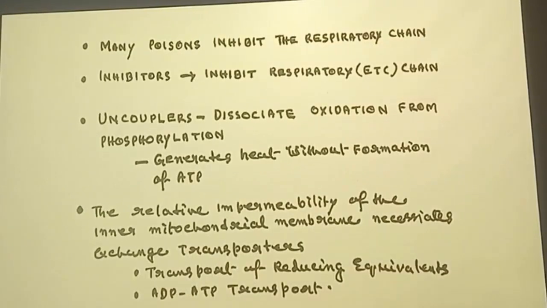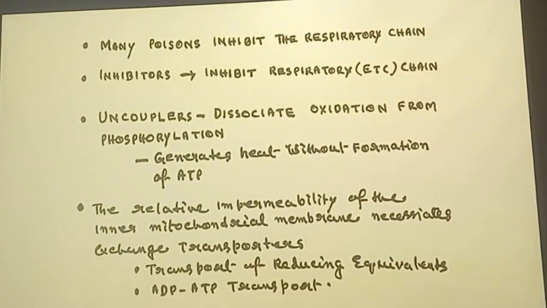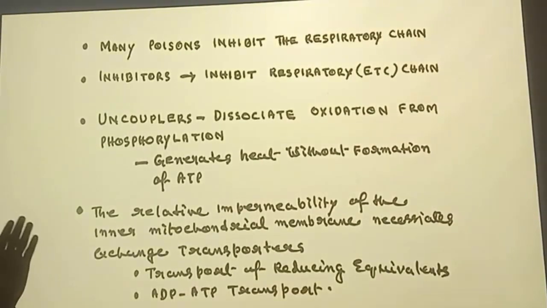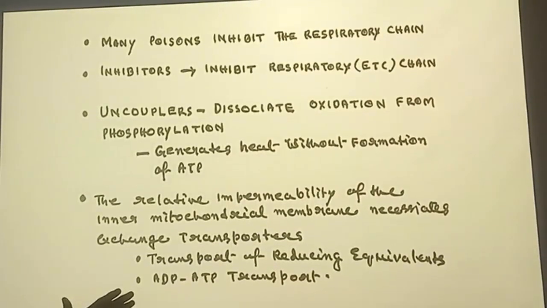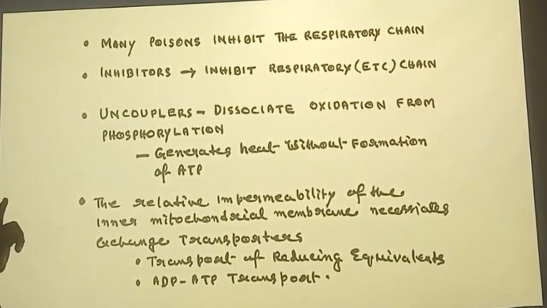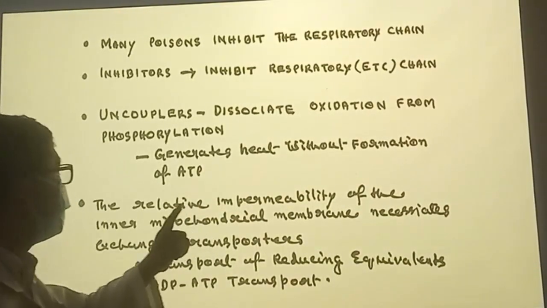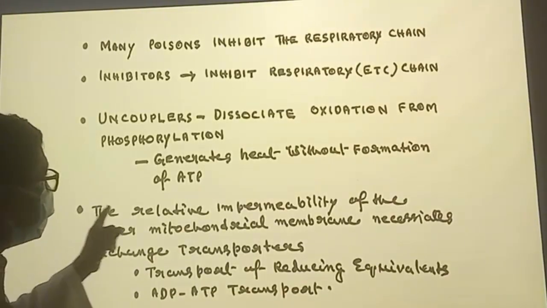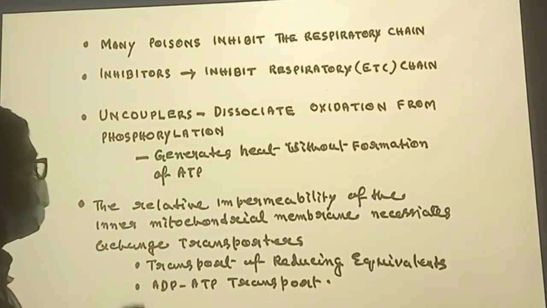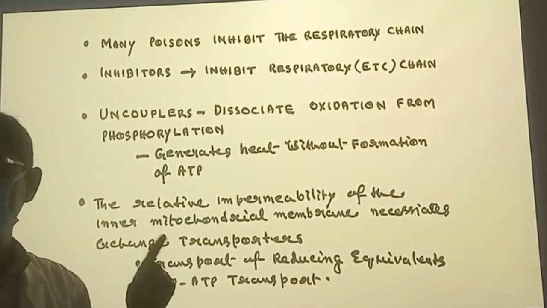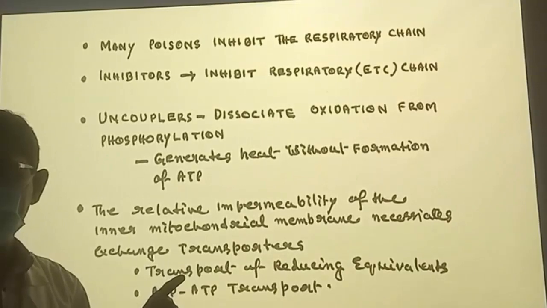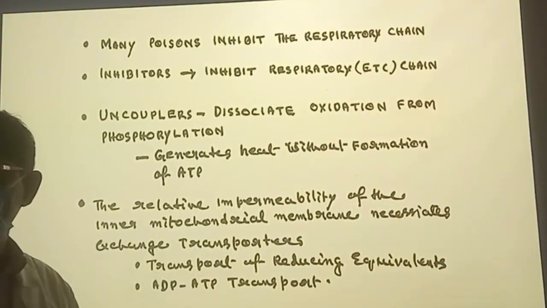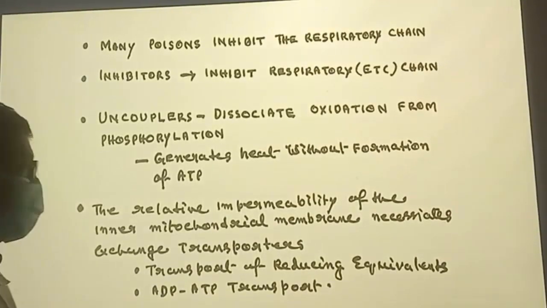Many poisons inhibit the respiratory chain; there are inhibitors which inhibit the respiratory chain, that means the oxidation process only. Uncouplers dissociate oxidation from phosphorylation. This allows generation of heat through the oxidation but does not allow formation of ATP, which is indirectly one of the driving forces for carrying out the electron transport chain and oxidative phosphorylation.